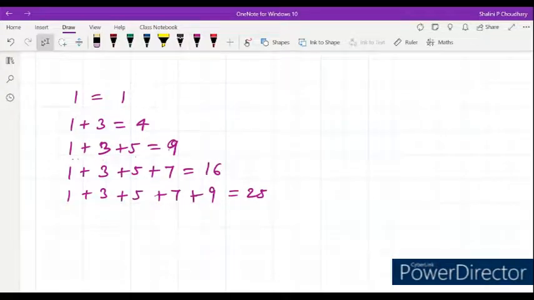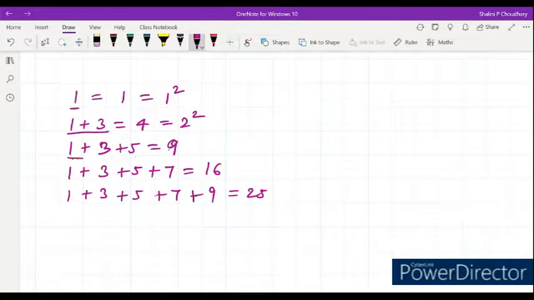So just count how many consecutive odd numbers there are, and you have to find out the summation of that. So basically, there is only one odd number, this is score of 1. There are 2 odd numbers, score of 2, that is 4. 3 odd numbers, score of 3. First 4 consecutive odd numbers, that is equal to score of 4.